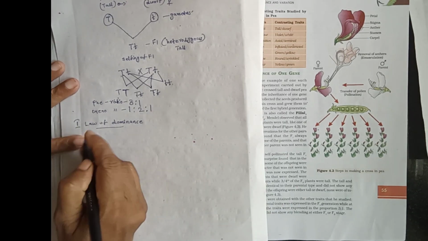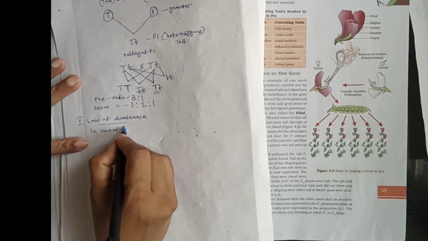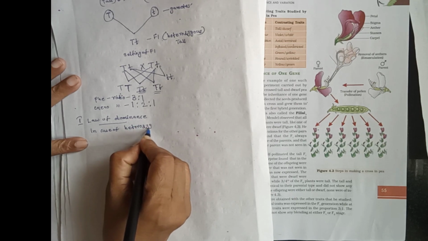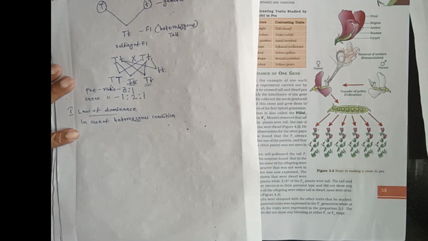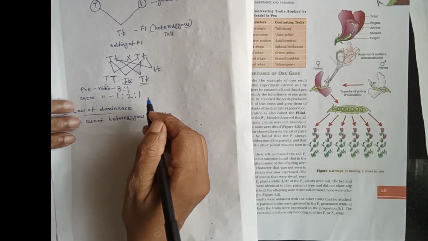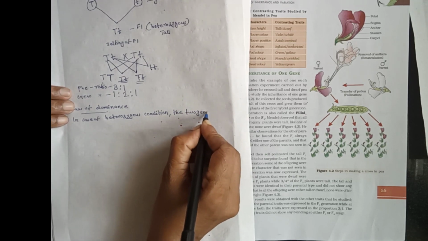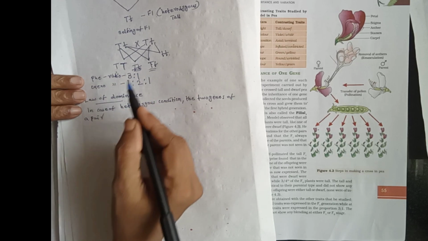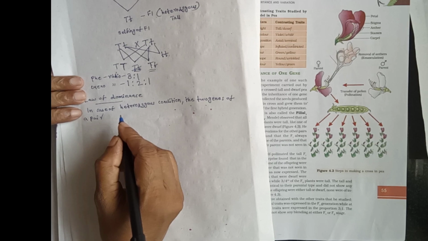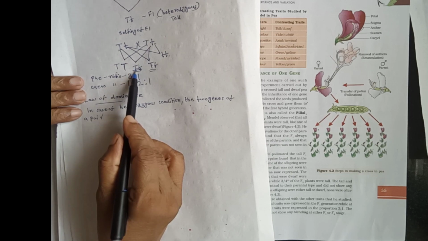In the heterozygous condition, the two genes of a pair represent contrasting characters, that is tallness and dwarfness.